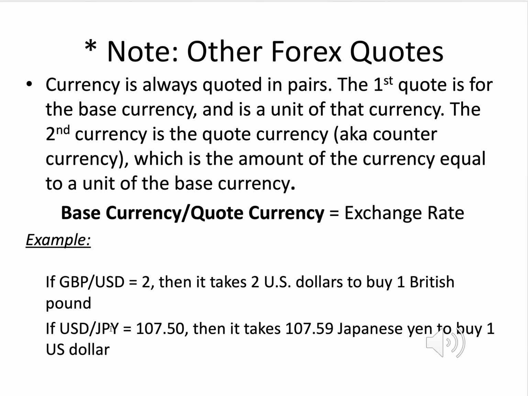That 107 is Japanese yen per US dollar. It takes 107.59 Japanese yen to buy 1 US dollar. So remember that in those types of price quotation, you're always looking at the denominator. The second one is the currency sign of that quotation.